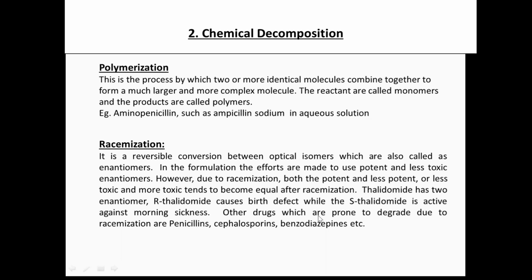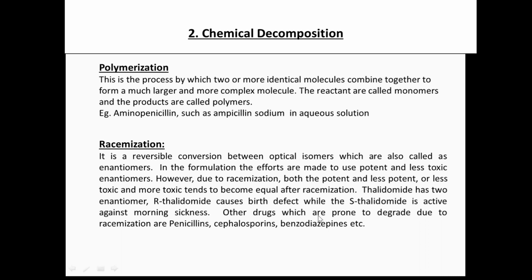So we try to increase the amount of the enantiomer which is very active and less toxic. What happens during degradation of the drug by racemization is that the active enantiomer will form inactive enantiomer, and racemization is a process in which both enantiomers reach equal amounts.